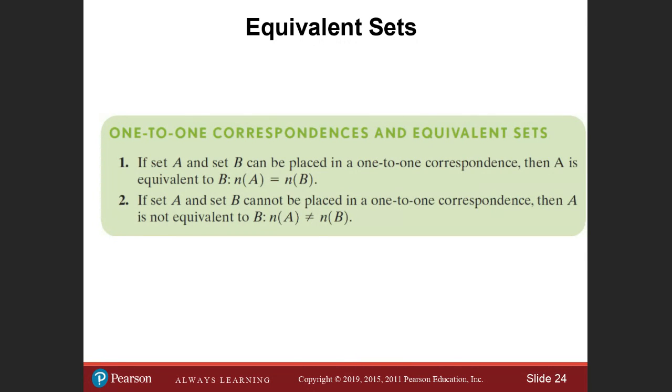So we have the word one-to-one. If you're looking at what we did a while ago, it should be one-to-one correspondence. It means that 1 goes to A, 2 goes to B, and 3 goes to C. So that would be the one-to-one correspondence, and the two sets would be equivalent.